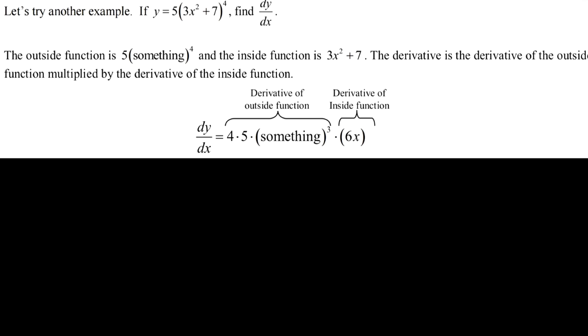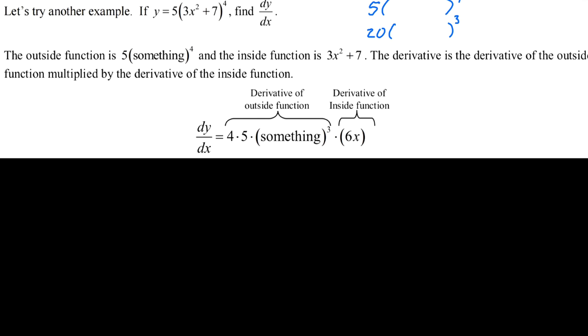So let's try another example here. All right, so if you have this function right here, the outside function would be 5 times something raised to the 4th power. So if you take the derivative of the outside part, that's going to give you 20 times something raised to the 3rd power.